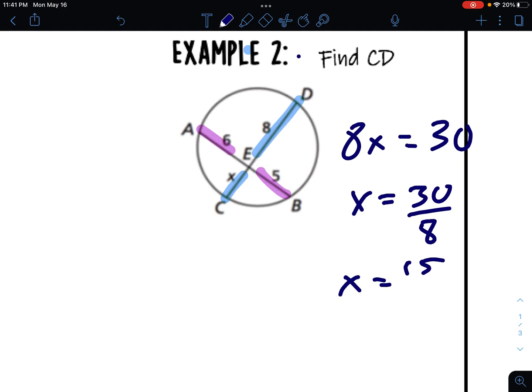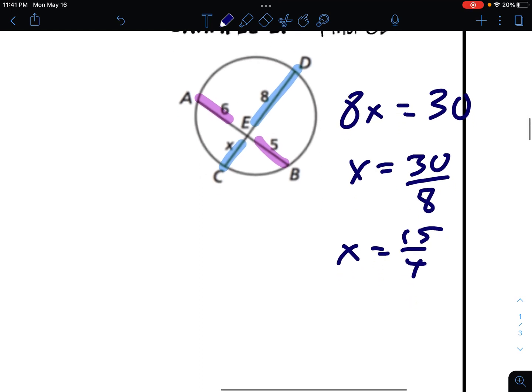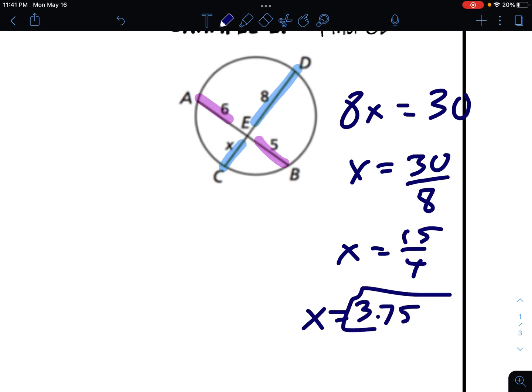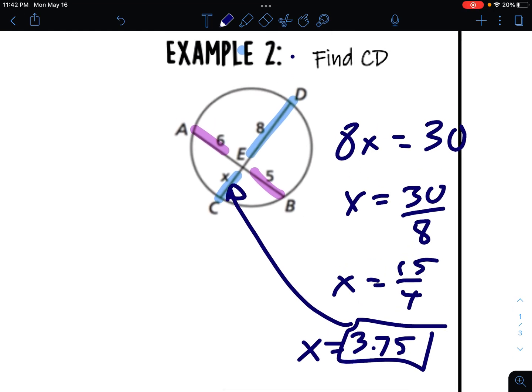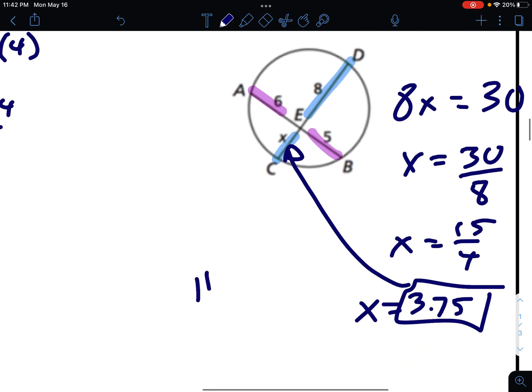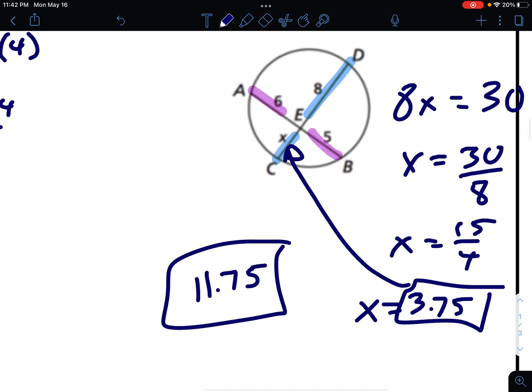If you divide 15 quarters, 15 divided by 4 gives us a grand total of 3.75. And then we would plug that in for x. The length of C to D is 3.75 plus 8, or 11.75. All right, so that's the case if we are talking about 2 chords crossing on the inside.